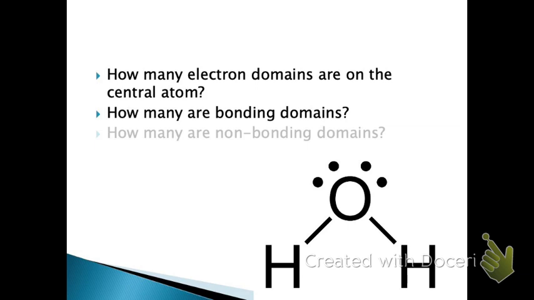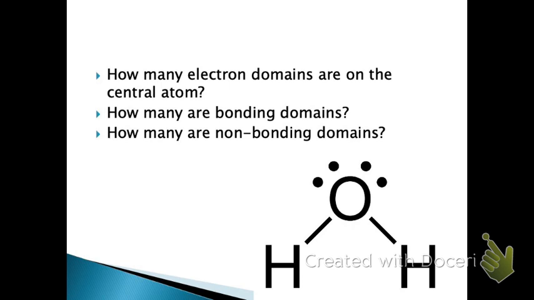So I want you to take out the molecular geometry handout that I gave you, and start looking at how we identify the geometry of this molecule. We're going to start with water. The first question I ask you to look at on that handout: we read this chart by finding where the two things we want intersect.